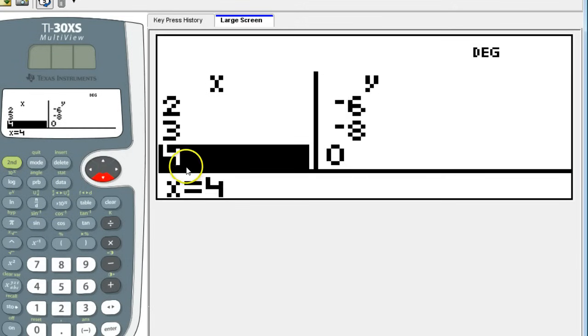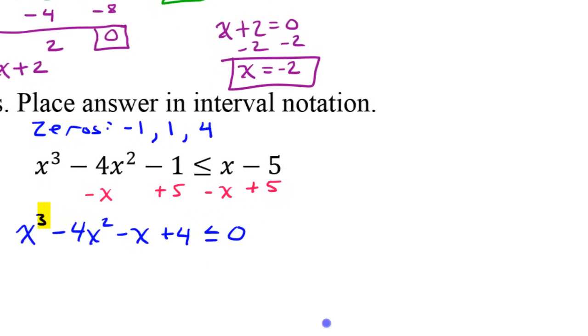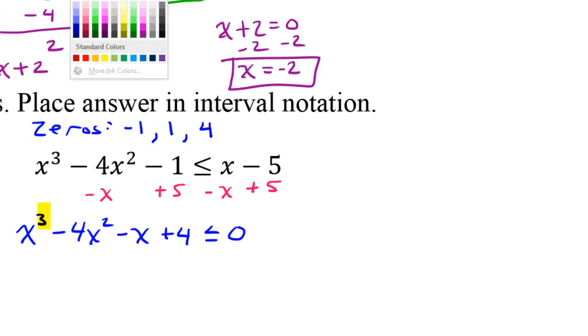And I have another one at 4. Now remember, because the degree is 3, there will only be 3 zeros total. And we found all 3 zeros right here on the calculator. So I do not need to do synthetic division or anything like that. So these are all the zeros I need, so I can just go ahead and do the number line immediately.